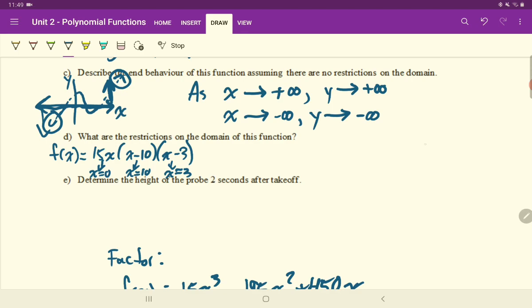Okay, so now I'm going to draw a quick sketch. X-intercept at 0, x-intercept at 3, and x-intercept at 10. So what's happening here?